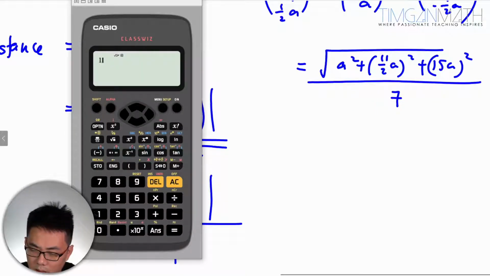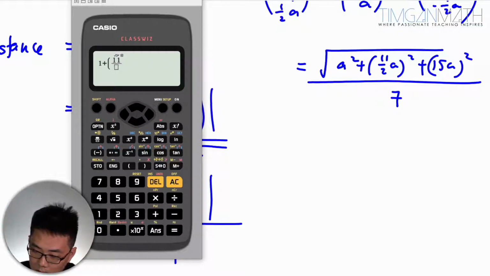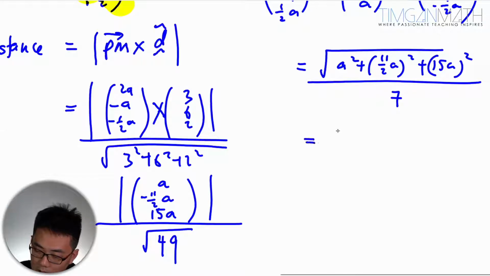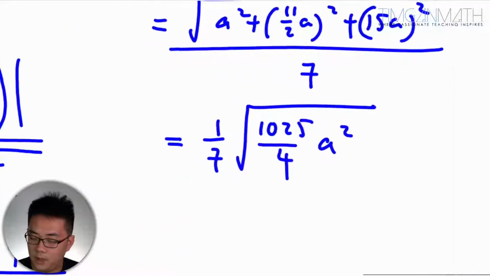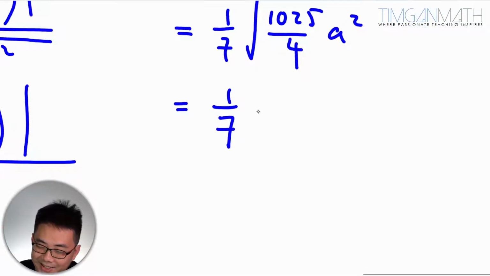I'm not sure whether we need to find the exact value there, but we could just leave it like that. So plus 11 squared plus 15 squared there. That will be 1 over 7, and this will just be 1025 over 4a squared.